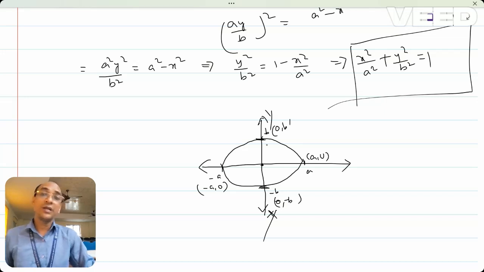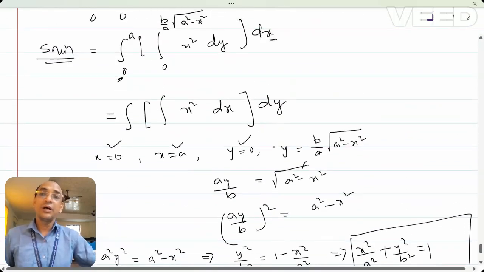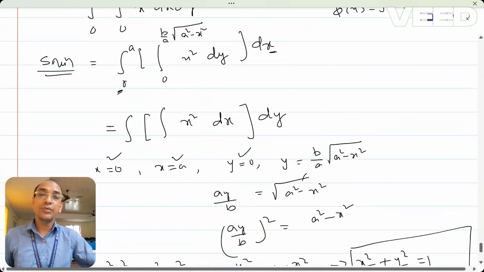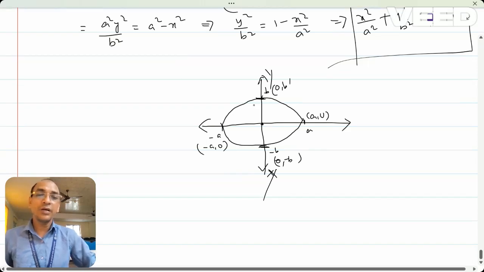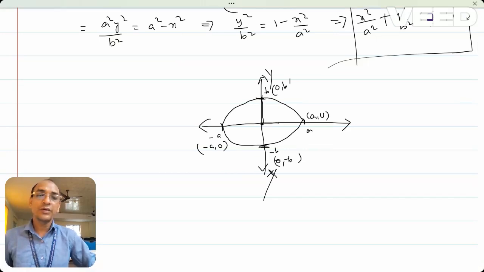Okay, but you see that we are taking only the positive root. So positive root means we are considering the first quadrant, since it is starting from 0.